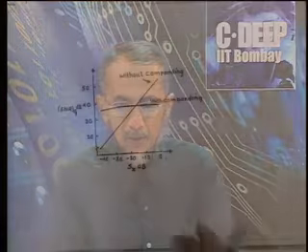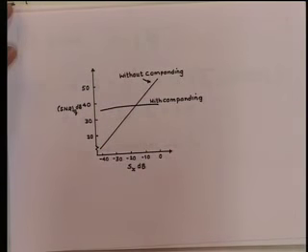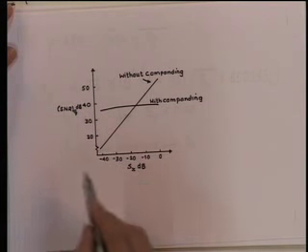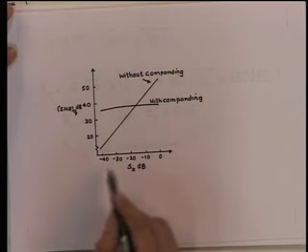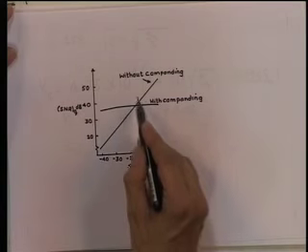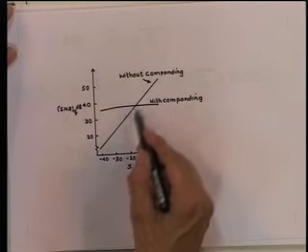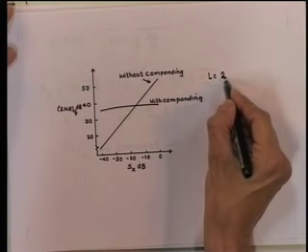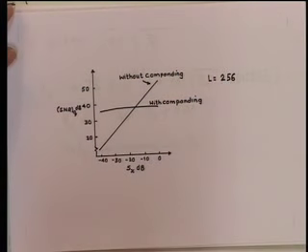Now, the figure here brings out this desirable feature by plotting signal to quantization noise ratio in dB versus input variance in dB with and without the companding when L is equal to 256.